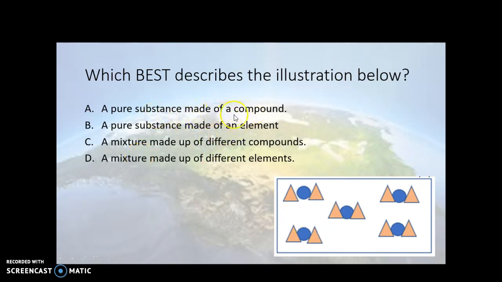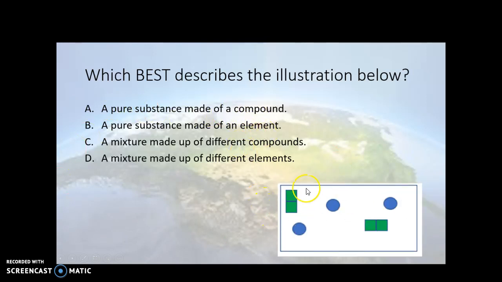And is it a pure substance made of compounds, a pure substance made of element, a mixture made of different compounds, and a mixture made of different elements? So the difference is you got to understand what a mixture is, a pure substance is, an element, and a compound. Same with this question.